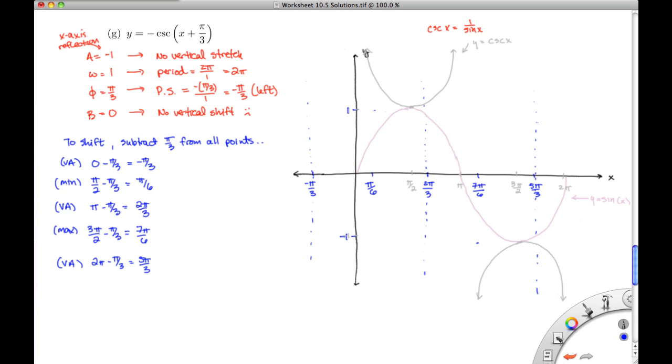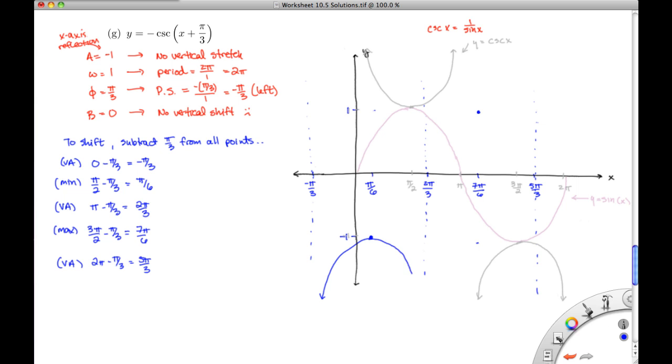So this was a max right here at pi over 6. We're now going to reflect that across the x-axis and put it right there. And then this min, we're going to reflect across the x-axis at 7 pi over 6 and put it up here. So it's actually going to be a max now. And then all we have to do is stay in between the lines for these vertical asymptotes, which is going to give us something like this.